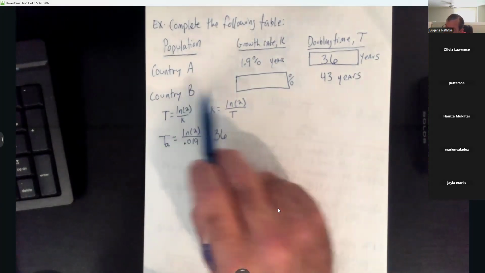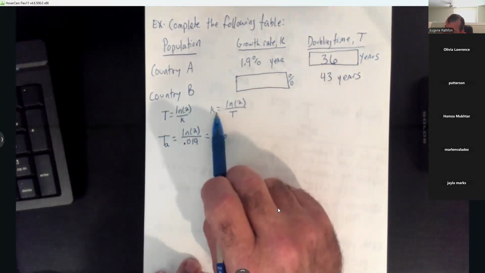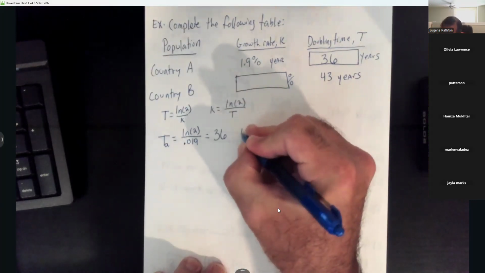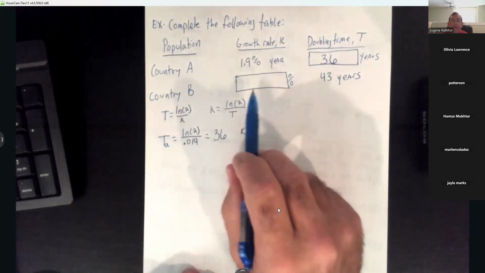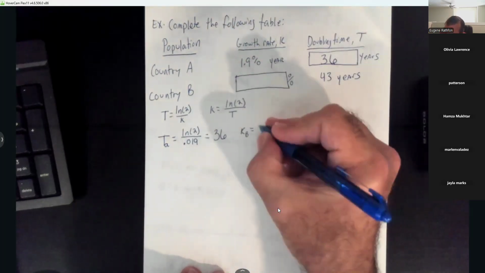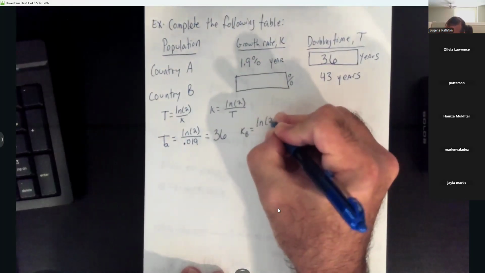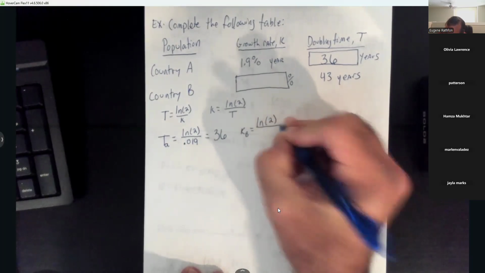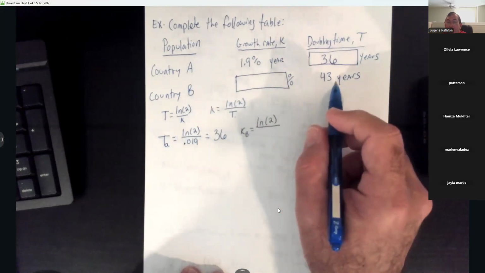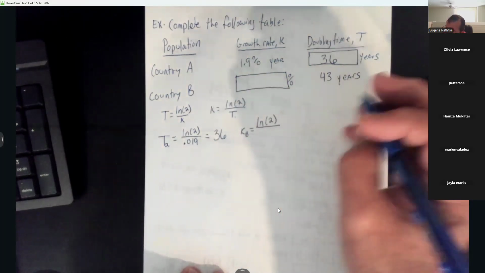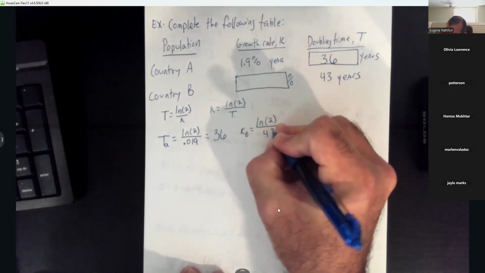Now for country B, I'm looking for the growth rate. So I'm going to find the K for country B. That's going to be the ln of 2 divided by the doubling time for country B. Country B's doubling time was 43 years.